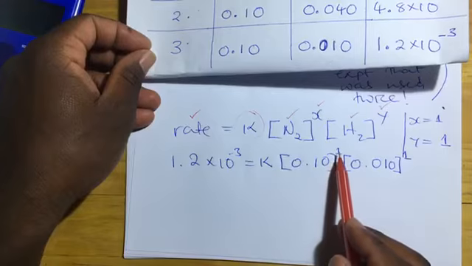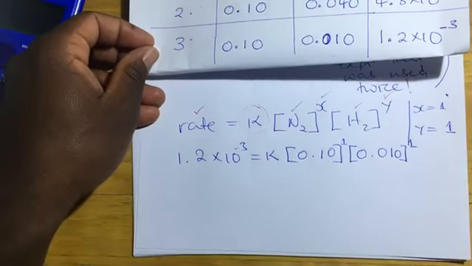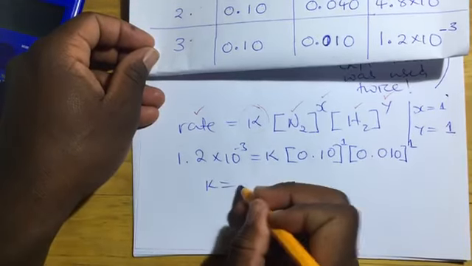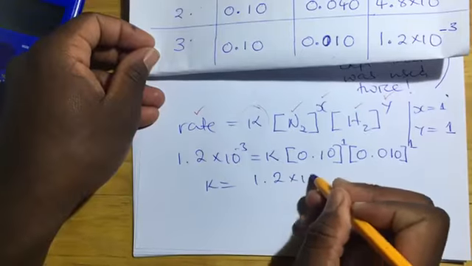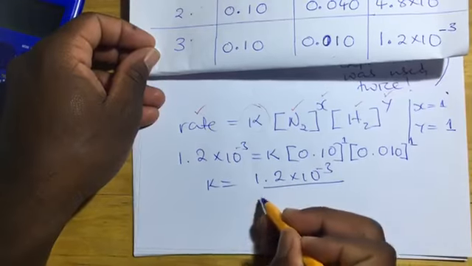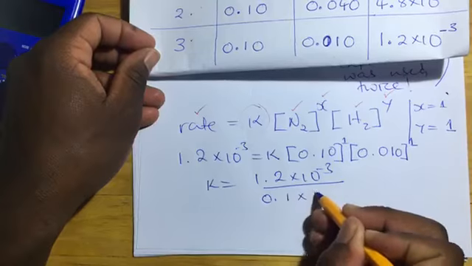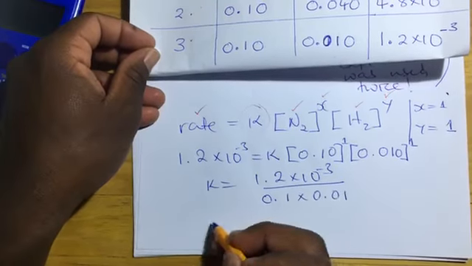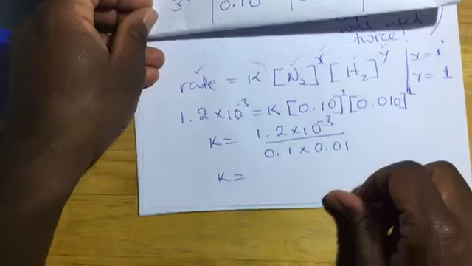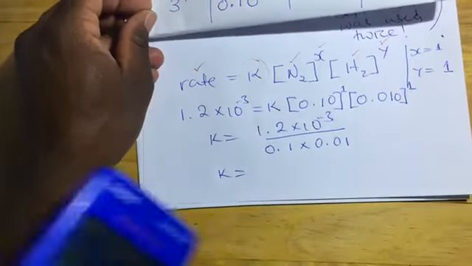Now, raising something to a power of 1 doesn't change it. So basically, this is just going to give us K is equal to 1.2 times 10 to the power negative 3 divided by 0.1 times 0.01.